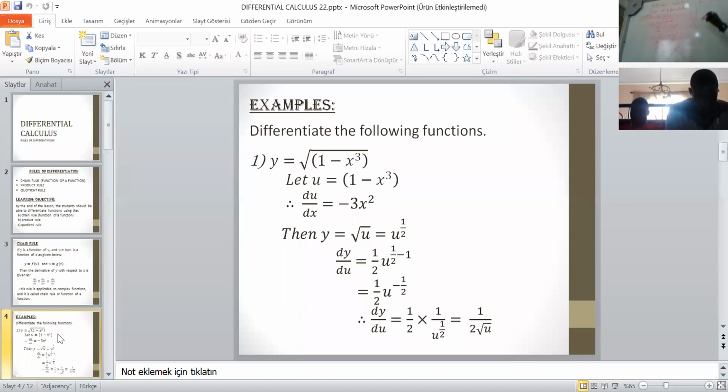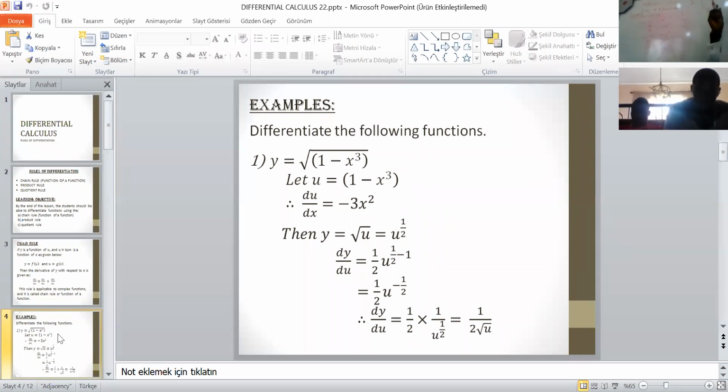So substitute dy over du here, it is 1 over 2 square root of u times du over dx, which, you check it, is minus 3x raised to the power of 2. And so this becomes minus 3x squared over 2 root u.